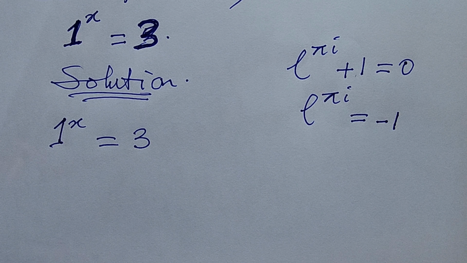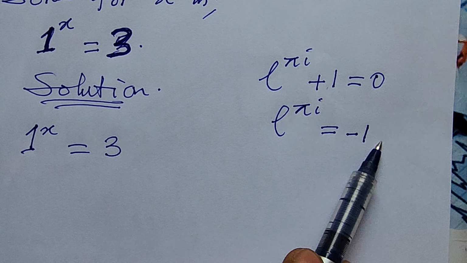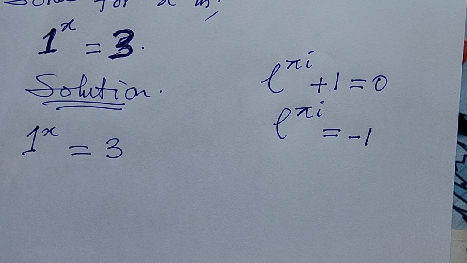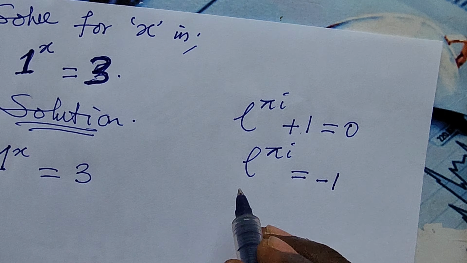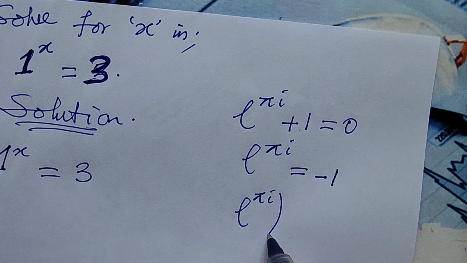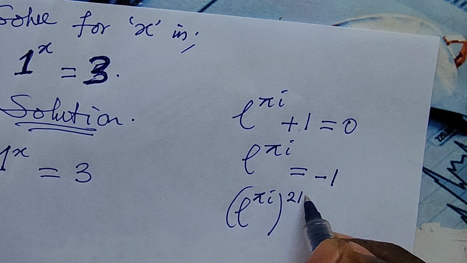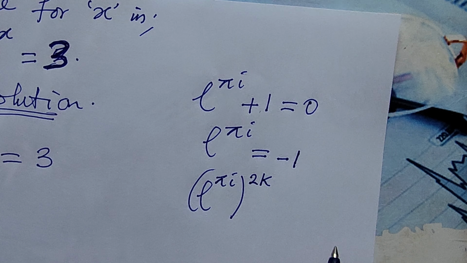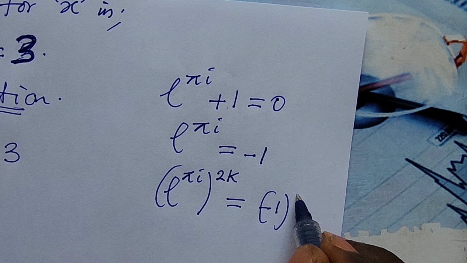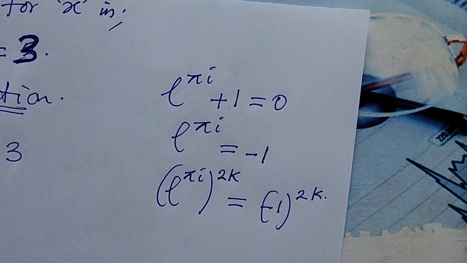So all we need to do is raise both sides of this expression to 2k, right? So it's going to give us e to the power of pi i all raised to 2k, where k is a set of constants, equal to minus 1 all raised to 2k also.